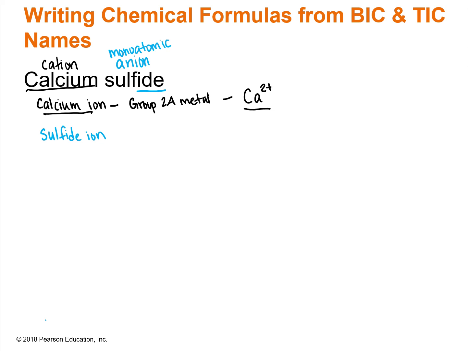Now let's do the same thing for the anion. We have the sulfide ion. This sulf tells us that we're looking at sulfur. What group is sulfur in when you look at the periodic table?